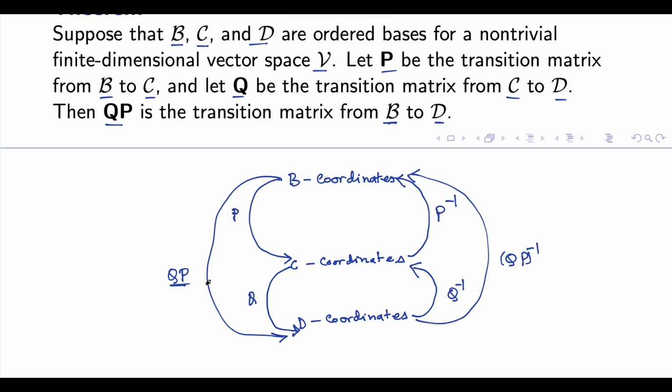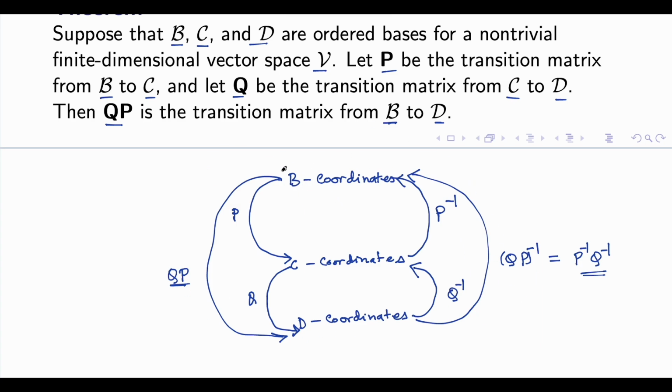You see, QP is the transition matrix from B to D, so (QP) inverse will be the transition matrix from D to B. Or else you can follow the method P inverse Q inverse, because if P and Q are not commutative, we can find P inverse Q inverse, and that will be the transition matrix from D to B.